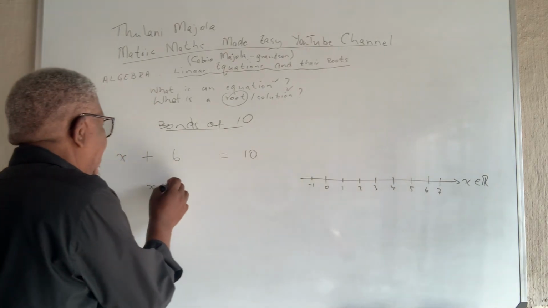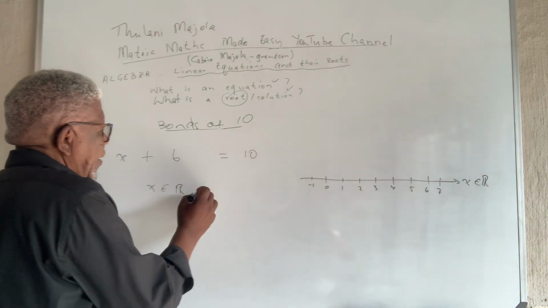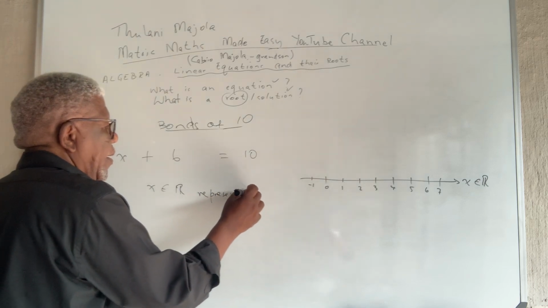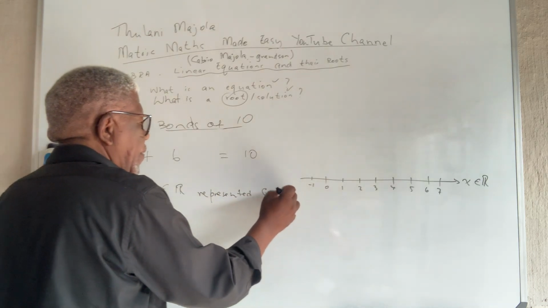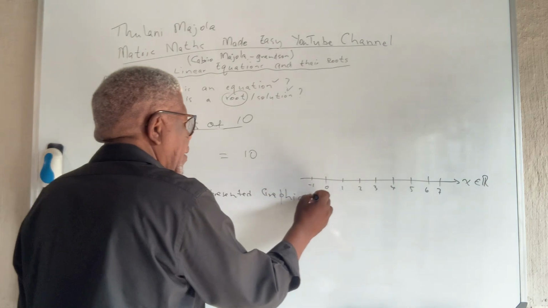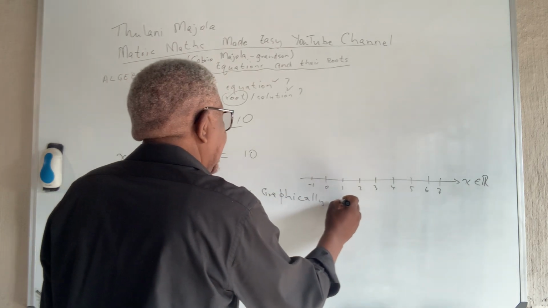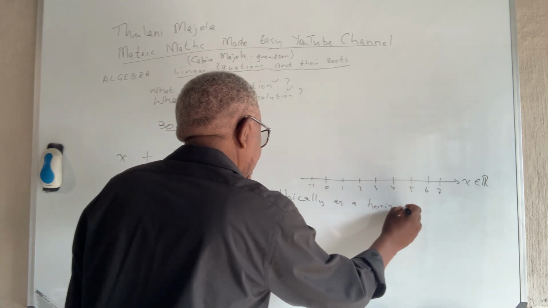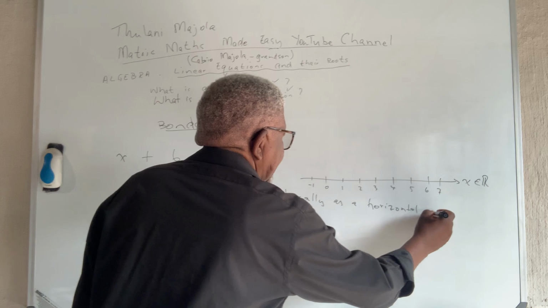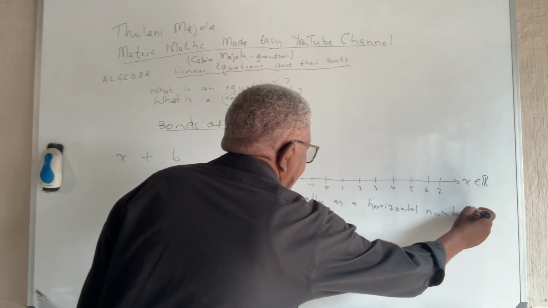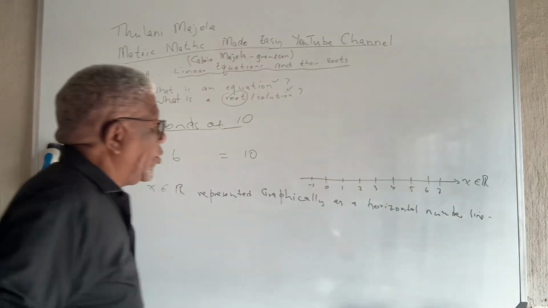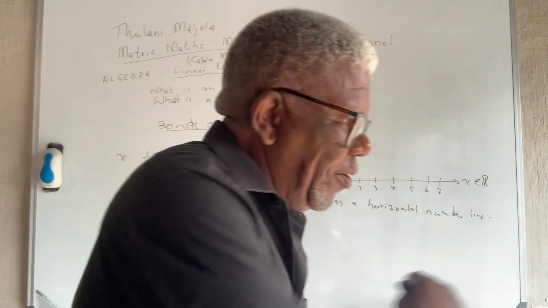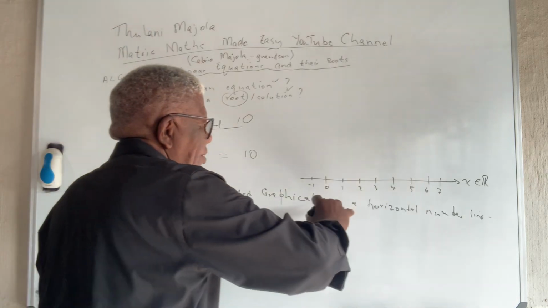The x, an element of real numbers, is represented graphically as a horizontal number line.